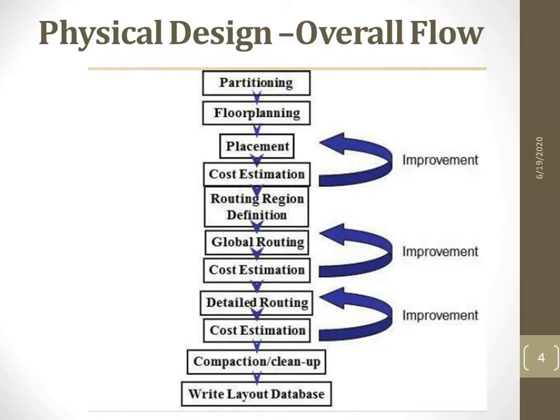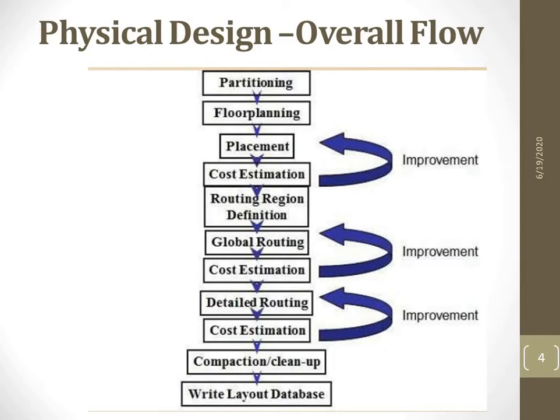And then comes the global routing. Global routing is the overall connectivity as a global connection. Here also we need to estimate the clock. For that, if we need improvement, then we can make changes in the global routing. And then comes the detailed routing. Detailed routing is where every block, every step, every design or every element that we place has to be connected, to see that all these connections are established.